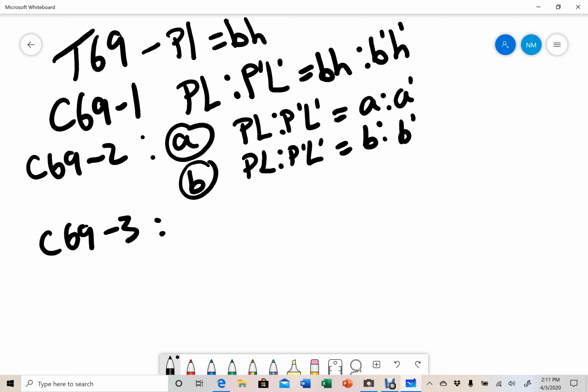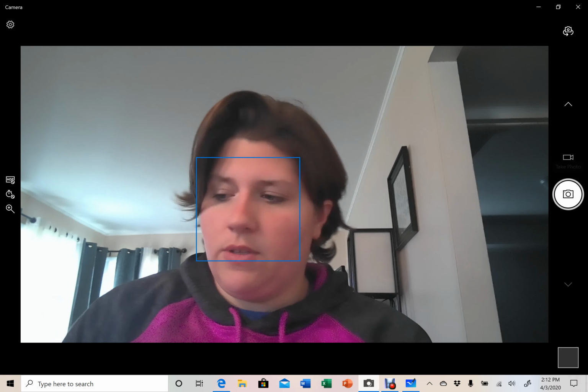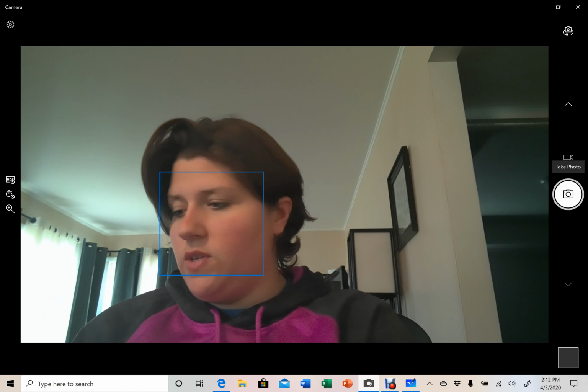What we're looking for is if base is equal to base and altitude is equal to altitude, then parallelogram is equal to parallelogram. And that is how that works there. All right, so that was corollaries for 69.